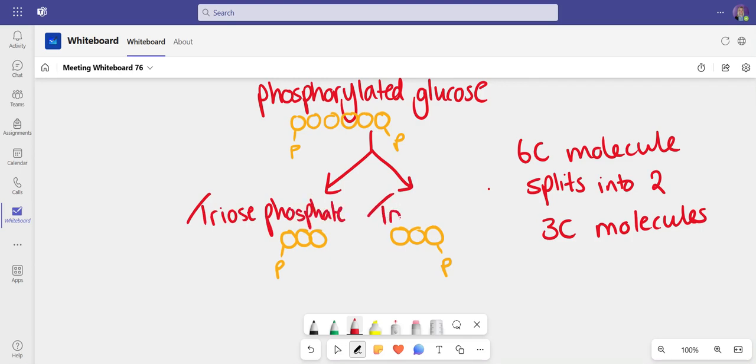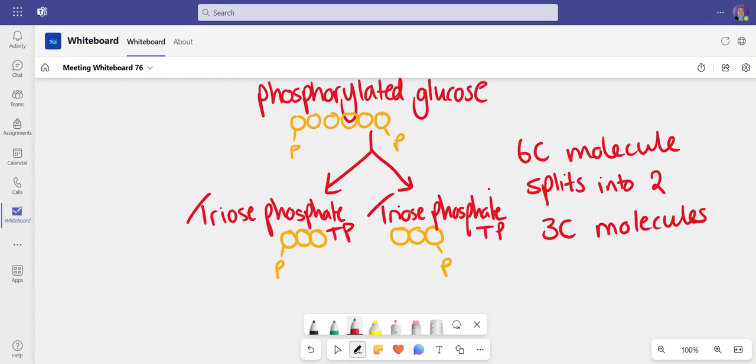Okay, you could abbreviate that to TP, triose phosphate. So the 6-carbon molecule of phosphorylated glucose splits into 2 3-carbon molecules that are still phosphorylated.